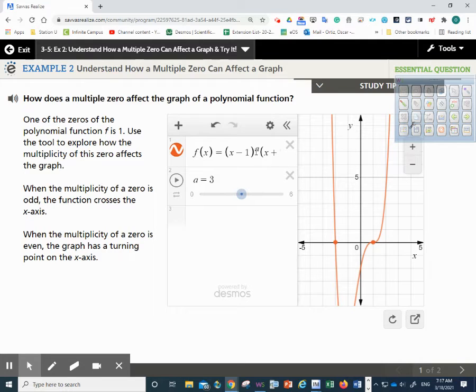So the multiplicity of a 0 basically is the exponent that that particular factor has in the function once you factor it, right? So it could be multiplicity 1, multiplicity 2, multiplicity 3.